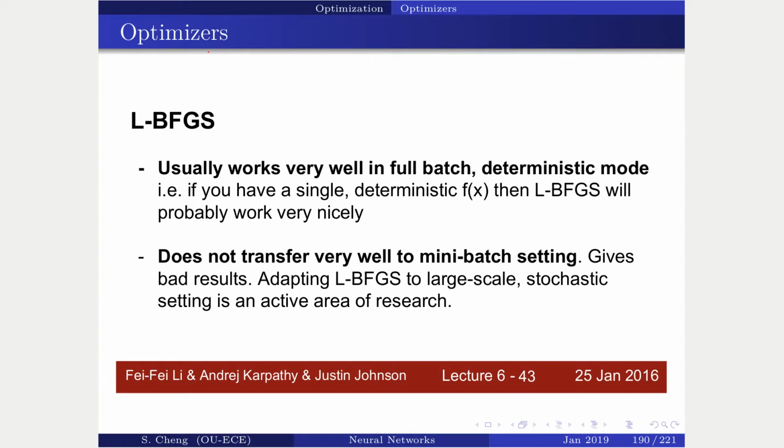In this case, BFGS is not very good because it relies a lot on having an accurate approximation of your gradient to approximate back your Hessian, right? So you do many iteration updates to get that approximate Hessian. Then each time your gradient is already an approximation, so you expect that the approximated Hessian won't be very accurate, and the outcome is that LBFGS in that case doesn't work very well.